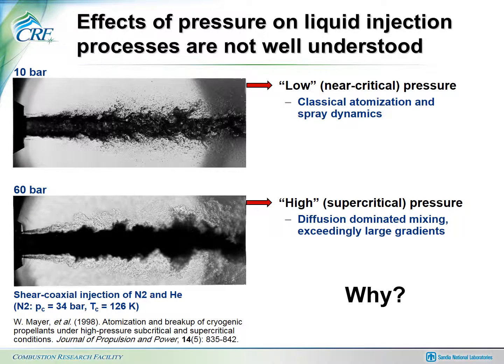To date, while we've had a lot of imaging to show that these two extremes exist, not a lot has been done in terms of explaining precisely what's happening, beyond the notion that things like surface tension are becoming diminished. So the first part of this talk is an attempt to explain at least some factors leading to the why.